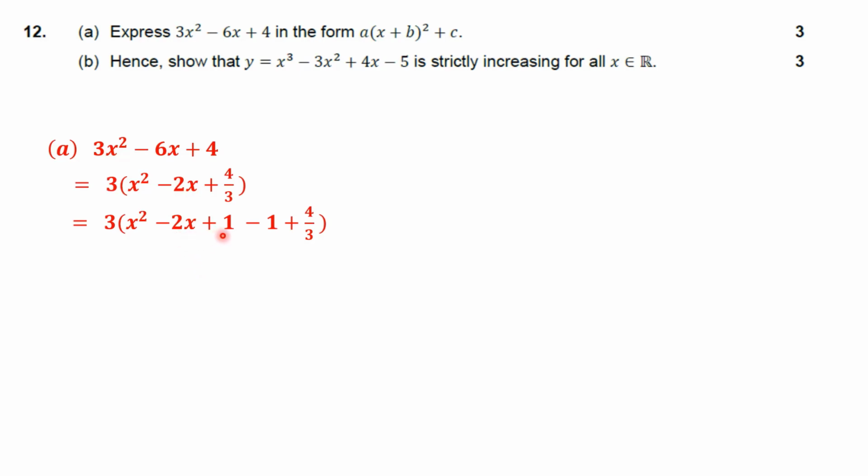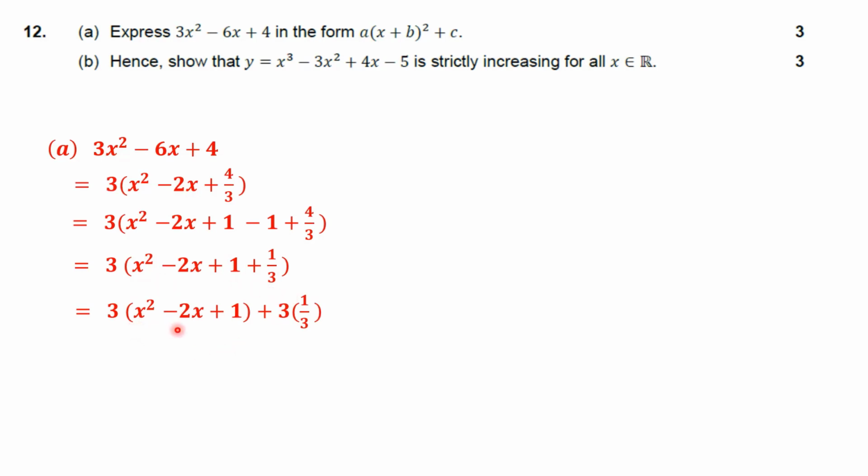So to get this 1 here, you half that, square it, and you get the 1, but take away 1 to make it the same as the line above. Now, we can put these two terms together and get 1/3, and then we go 3 times the first 3 terms plus 3 times the last term.